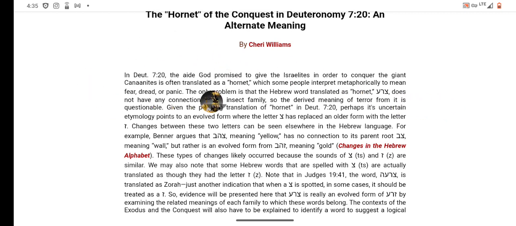Now we're in Deuteronomy 20, right? In Deuteronomy chapter 7, verse 20, the aid the Most High promised to give the Israelites in order to conquer the giant Canaanites is often translated as a hornet, which some people interpret metaphorically to mean fear, dread, or panic.